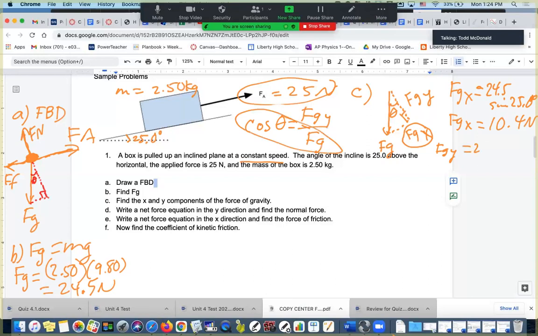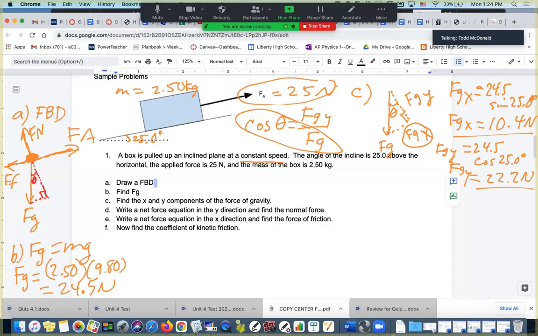This is again 24.5 times cosine of 25.0 degrees. I hit my cosine button first, 25, close my parentheses, multiply by 24.5, and you end up with 22.2 newtons. So we have FGX and FGY, and we need those as we continue moving forward.